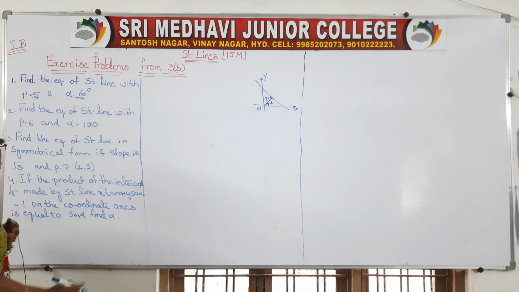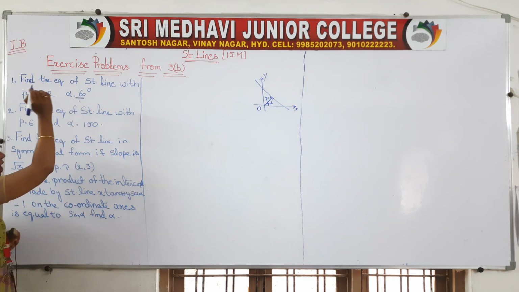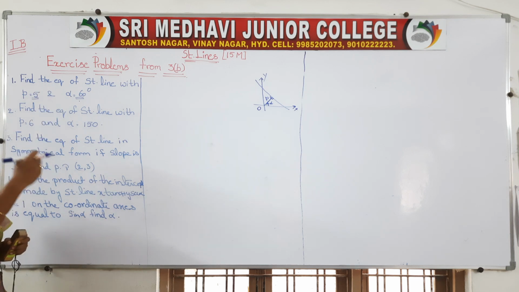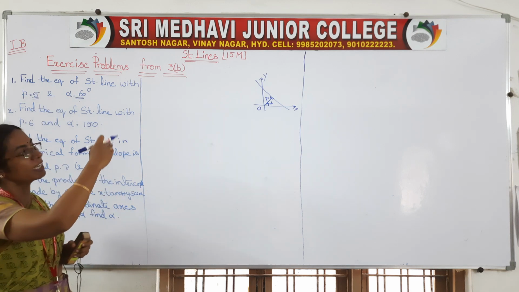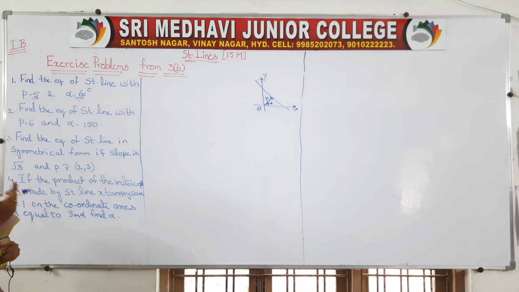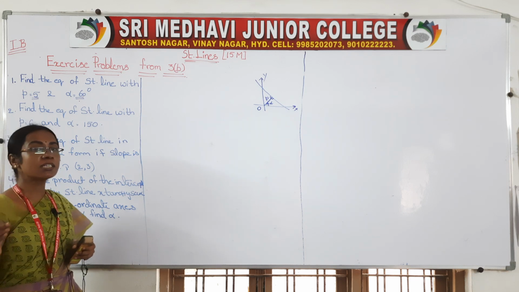So in any question, P is given to you, alpha is given to you, and find the equation of the straight line means which form of the line contains P and alpha? First you have to think. Normal form of the straight line contains P and alpha. What is the normal form?